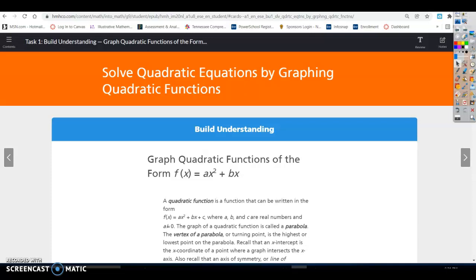So just a quick review. We've talked about linear equations. Linear has x to the first power, and that represents a line. You studied that a lot in 8th grade, and we looked at it some earlier last semester. We've looked at exponential functions, where the x is the exponent.